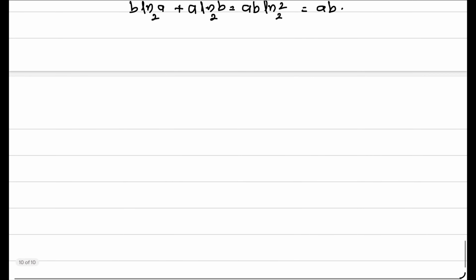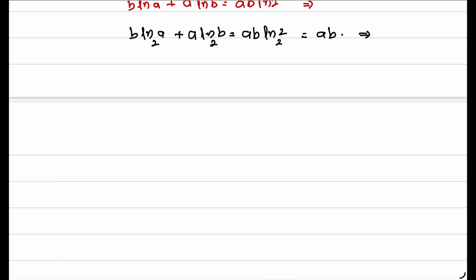That implies, from this we can say, divide the left hand side by AB, we will get ln A to the base 2 divided by A plus ln B to the base 2 divided by B is equal to 1.